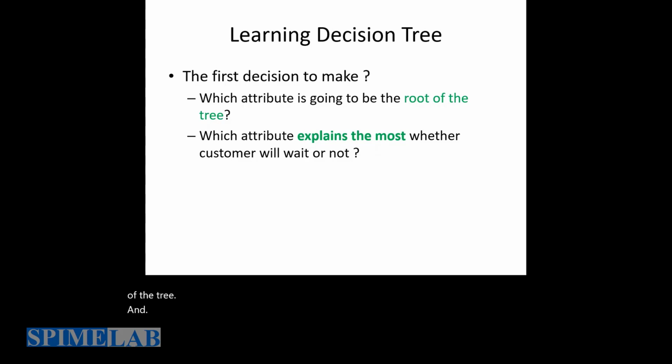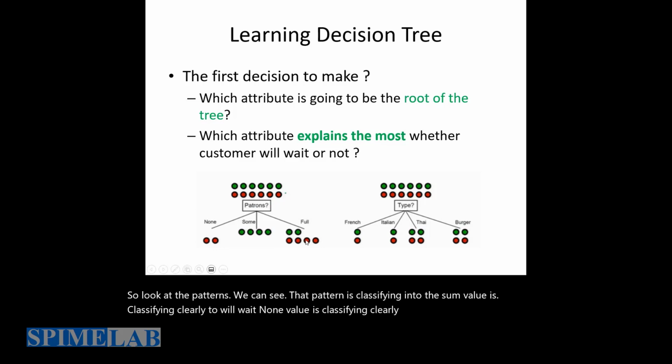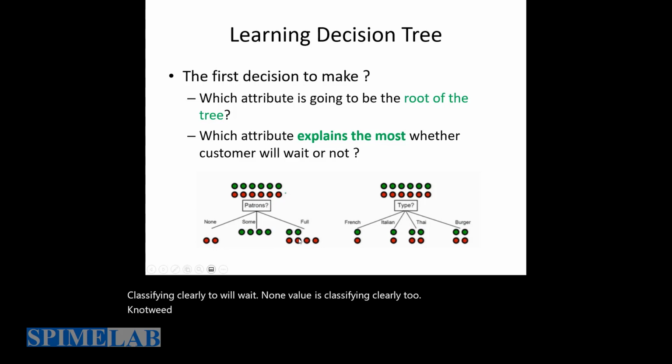And obviously, we want the root node to be some attribute that has the most explanatory power about the dependent variable, that can classify the best in a given set of attributes. So look at the patterns. We can see that the some value is classifying clearly to will wait, the none value is classifying clearly to not wait, and full is a little bit confused.